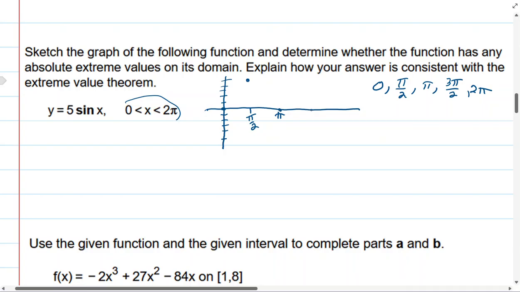At 3 pi halves, where does it go? -5. And then at 2 pi, we have become full circle. So let me see what should be a curvature. Sorry. Okay, does everybody agree? Yes?